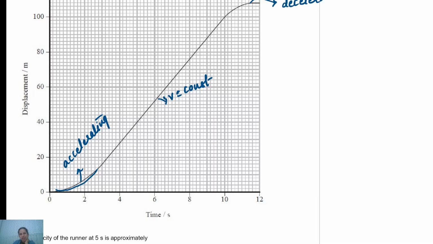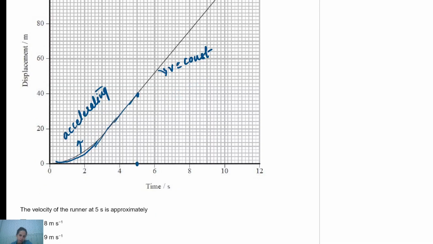Okay, so we draw a tangent. I'm just going to take this straight line and join here. I should get somewhere around 40, because I do not have a ruler here.